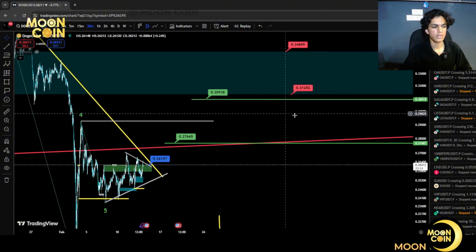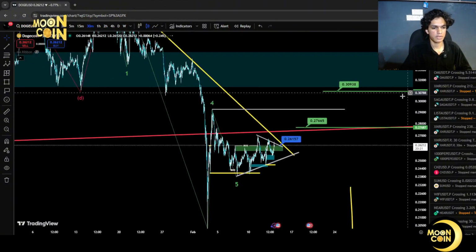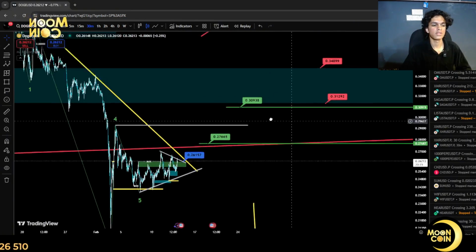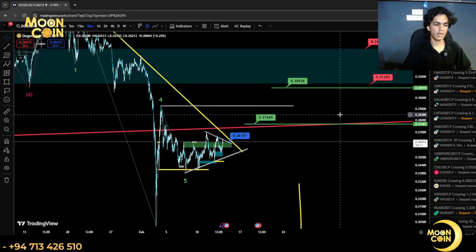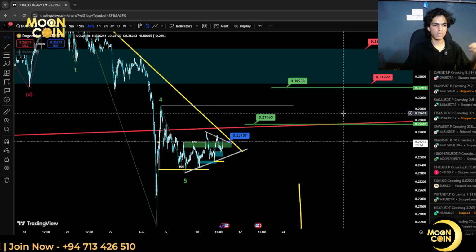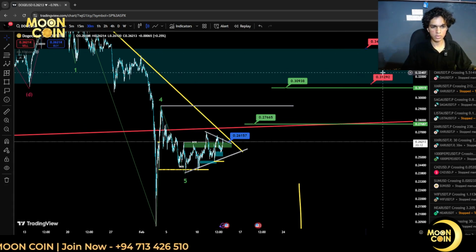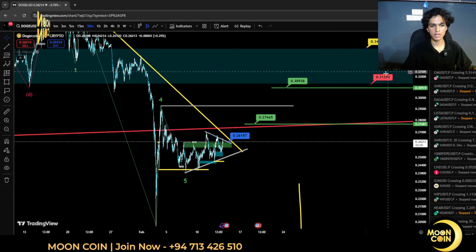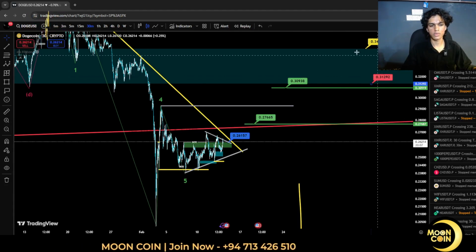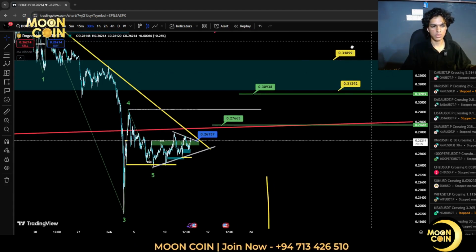So these are two resistance and fib levels that I consider to take your profits, and after that onwards you can go for a short. These two prices that I gave here are a selling zone. So look for a short in here.